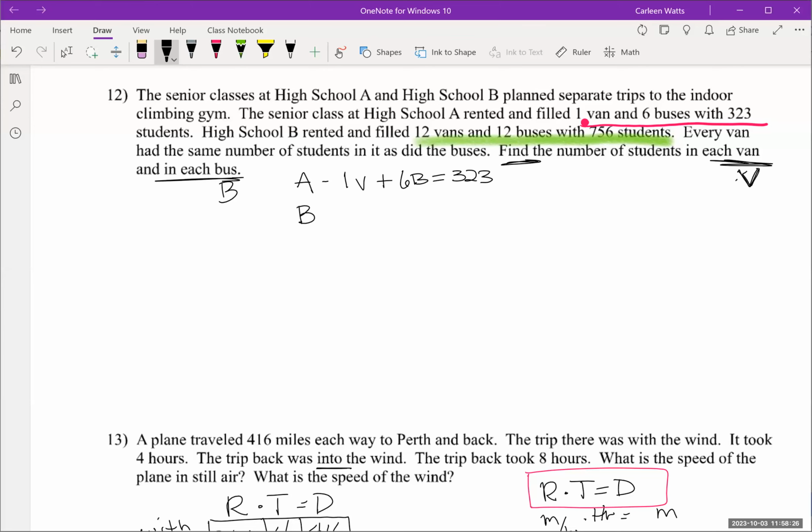Okay, school B, green, 12 vans plus 12 buses equals 756. Okay, 2 equations in standard form. We're going to use the add down method. Pick a variable to cancel. Let's pick B.